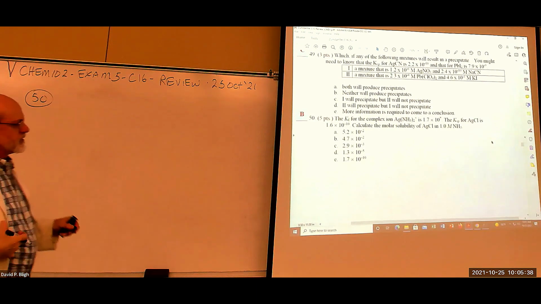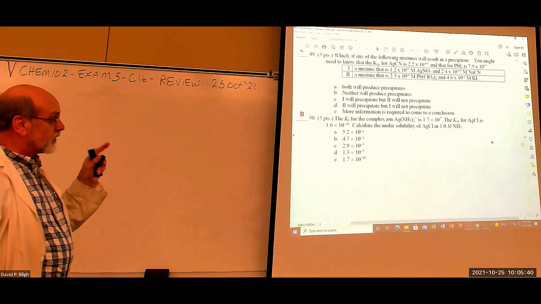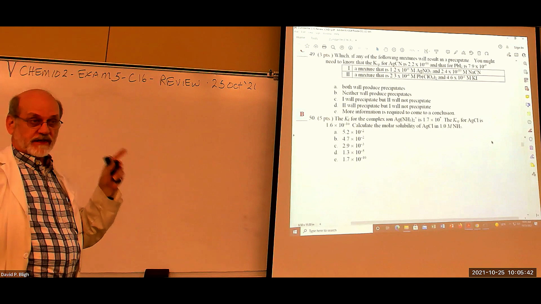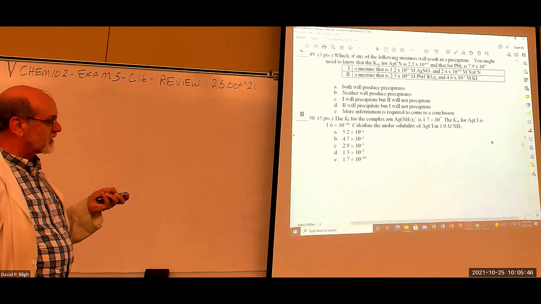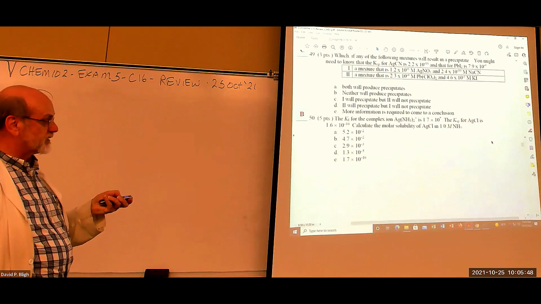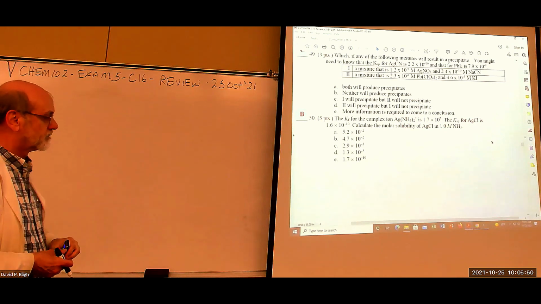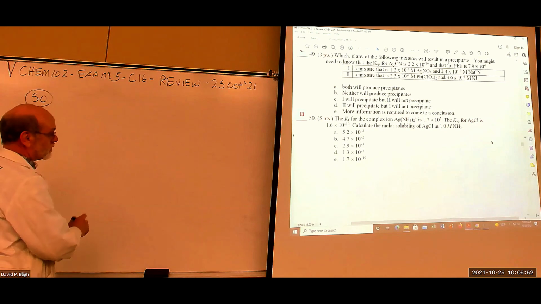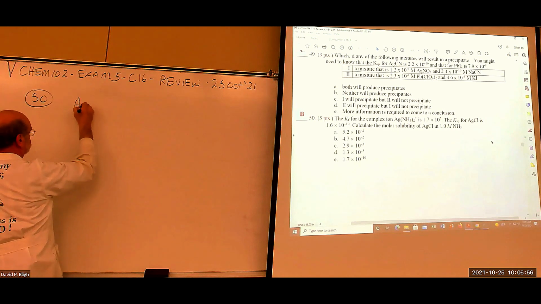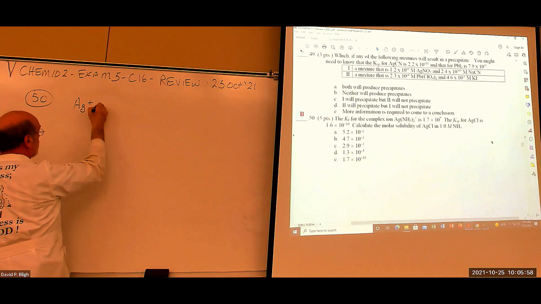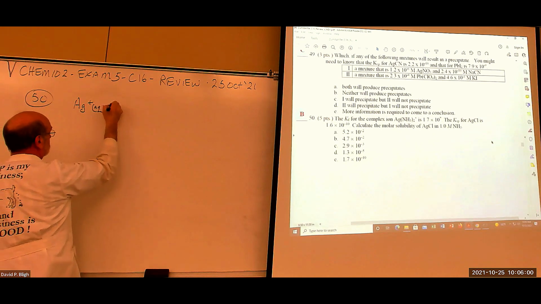What are the two equations? Remember, both of these reactions are going on at the same time in that solution, where we're forming the complex ion and precipitation of silver chloride. So both of them are happening at exactly the same time. And this is the formation constant equation.